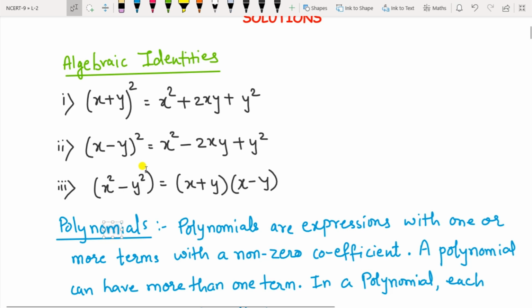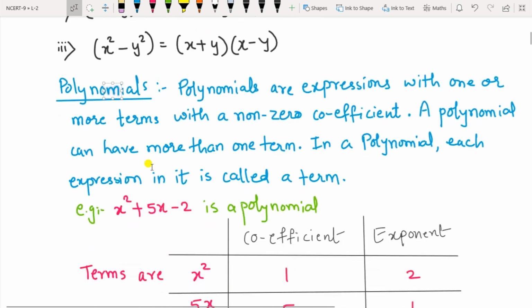So what are polynomials now? Polynomials are expressions with one or more terms with a non-zero coefficient. A polynomial can have more than one term. In a polynomial, each expression in it is called a term.